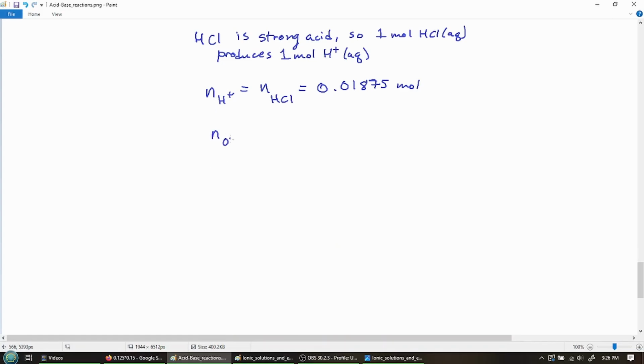We know that the number of moles of OH- at the equivalence point has to be equal to the number of moles of H+, so it's also equal to 0.01875 moles. But we also know that sodium hydroxide is a strong base. So in other words, 1 mole of NaOH produces 1 mole of OH-.